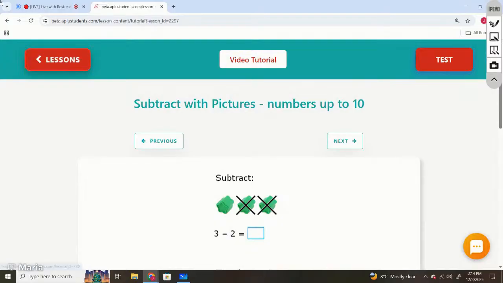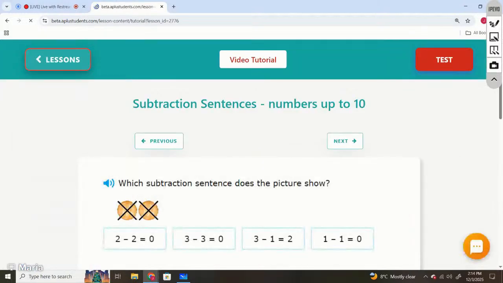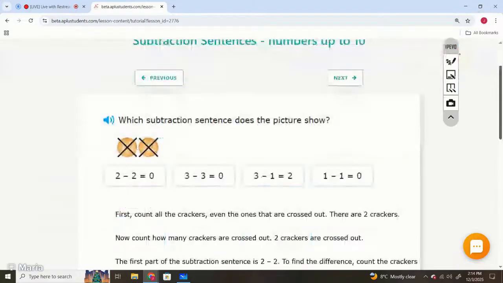The next lesson is subtraction sentences numbers up to 10.